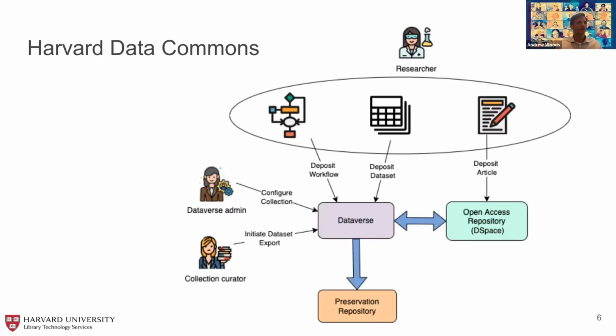Now, with Harvard Data Commons, this is the solution that we have implemented over the last year, with the objective of creating an integrated ecosystem of services. And it's worth noting that really Dataverse has been central to this ecosystem.